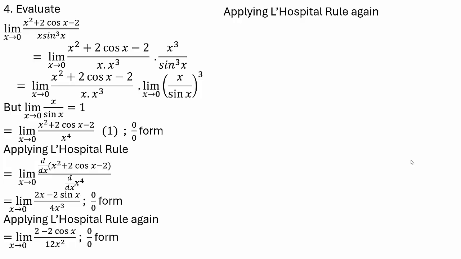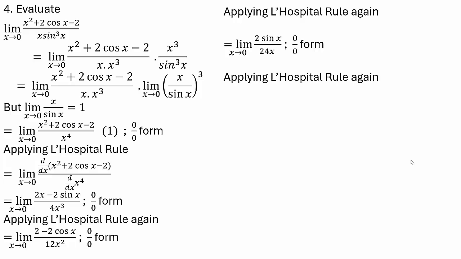Applying L'Hospital rule again, limit x tends to 0 of derivative of (2 − 2cos x) divided by derivative of 12x², which becomes limit x tends to 0 of 2 sin x divided by 24x. This is again 0 by 0 form. Again we apply L'Hospital rule. The derivative of 2 sin x is 2 cos x, the derivative of 24x is 24, which can be written as limit x tends to 0 of 2 cos x divided by 24.